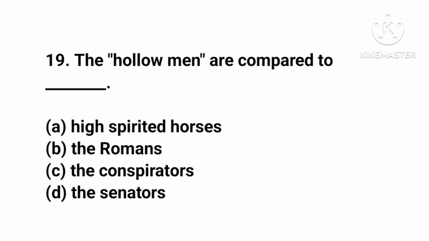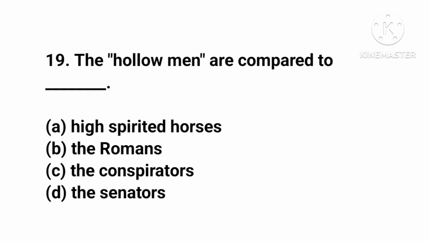Now number 19. The hollow men are compared to dash. So there is a simile over there. So you have to tell me what these hollow men, these insincere men are compared to. Option A, high-spirited horses. Option B, the Romans.